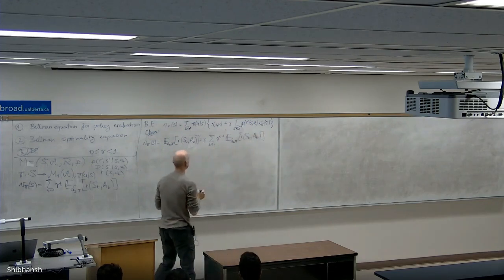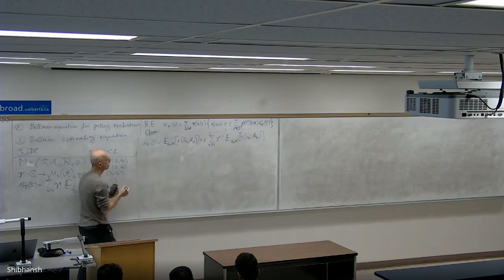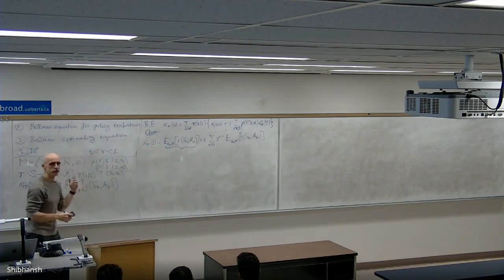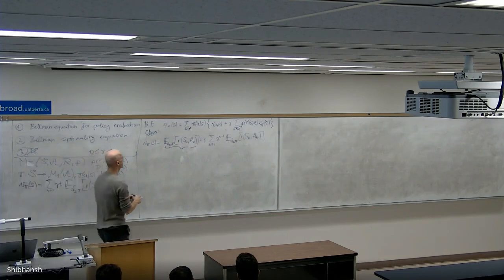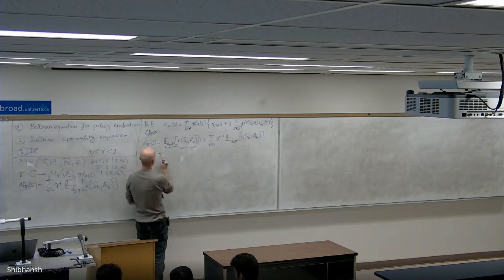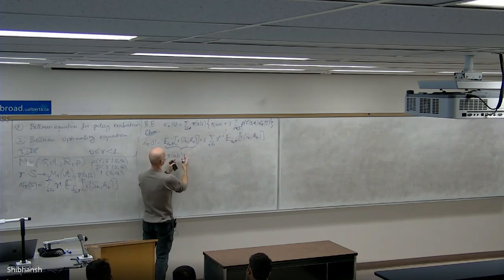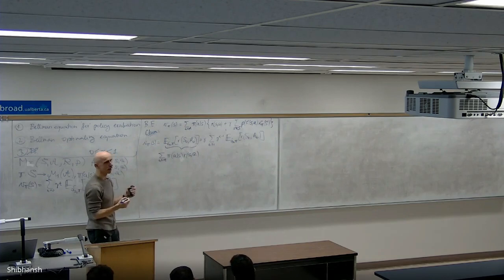And then we started to manipulate things, and we expressed this just in terms of the policy and the immediate reward function. And so we could prove that this is the same as the sum. It's basically the expected value that you get if you're weighting the rewards with the probabilities assigned to actions by this policy pi. And of course, you're at state S. So that's the first part.